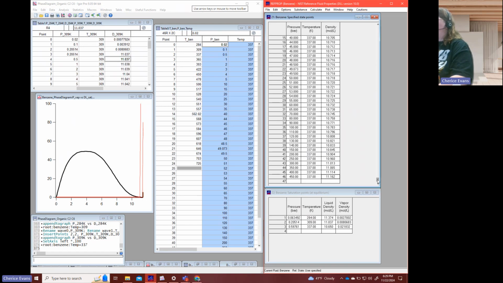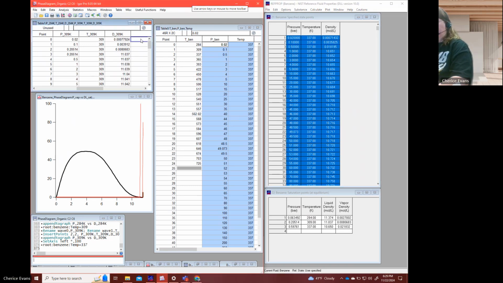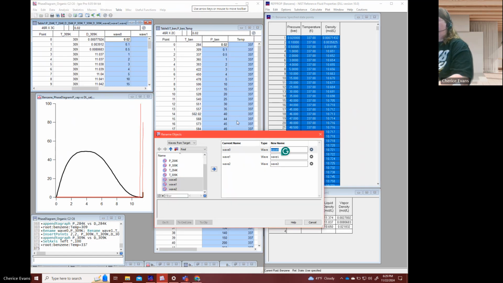So I have all the way to 450. Copy that, paste, change the names. This is 337K, temperature 337K, okay.